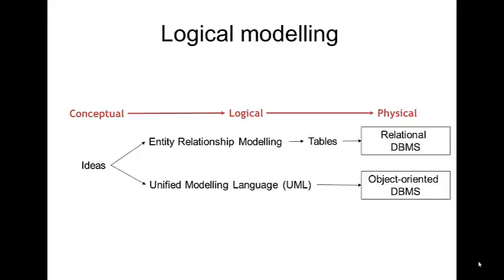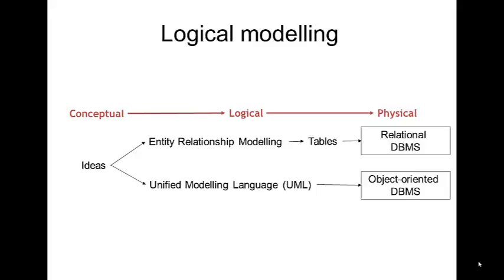If you're developing an object-based system, and we will have a lecture on objects and object-based systems later this year, then you would follow an alternative logical modelling process, probably through using Unified Modelling Language, UML. And I'll talk briefly about that at the end of this lecture.